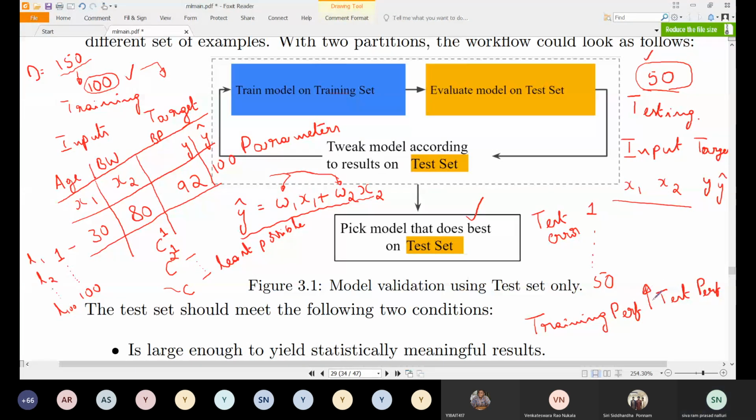Suppose training performance is high and test performance is high, then only we say that the learning is effective. And what is ineffective? You tell me what is ineffective?